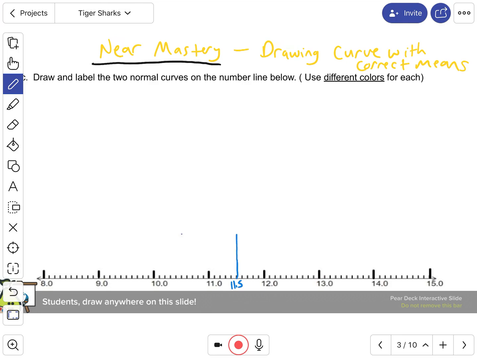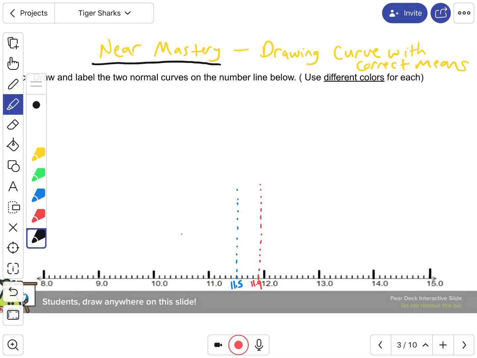And I'm going to imagine, well, I don't want to make it a line, I want to make it a dotted line. That's going to be the mean for one of the curves, and then the other curve is the 11.9, which is right here. By identifying those means in itself, you're already at the near mastery level.